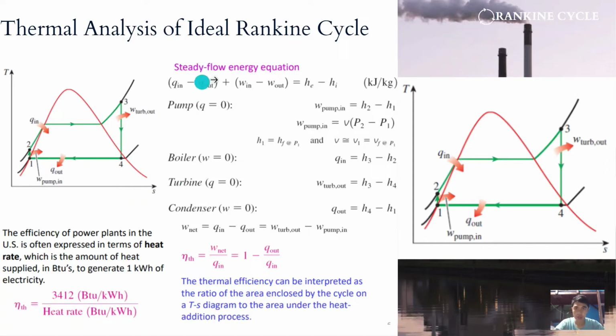So, we have the steady flow energy equation: heat in minus heat out plus work in minus work out equals the change in energy. For the pump, the heat is equal to 0. The heat in the pump is zero because it is only water. Same for the boiler, the turbine, and the condenser.